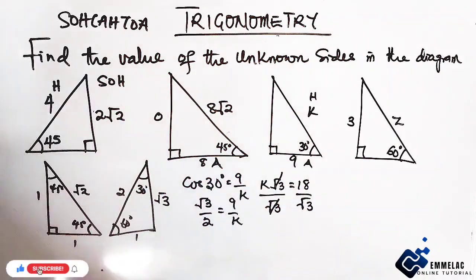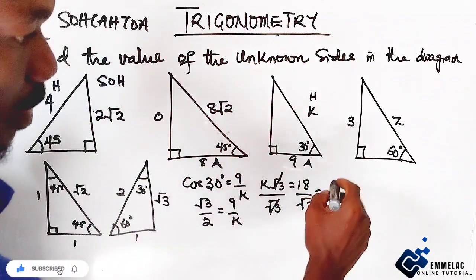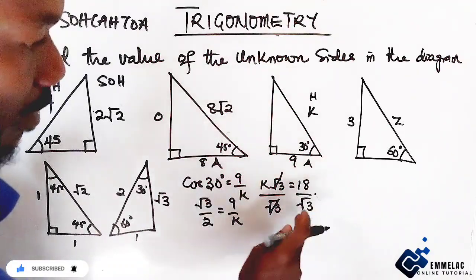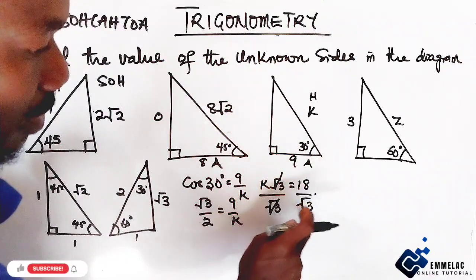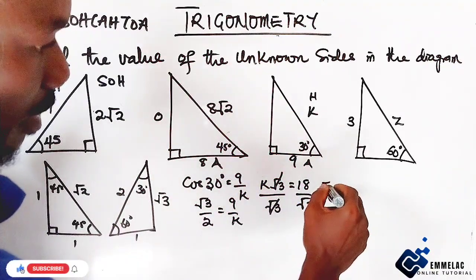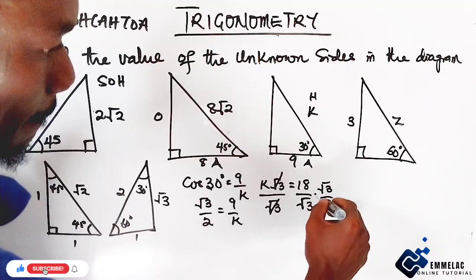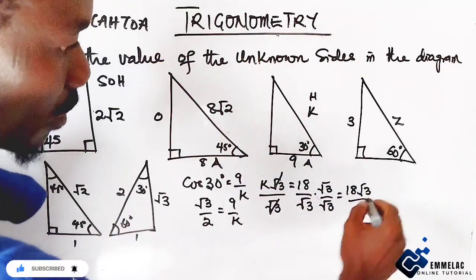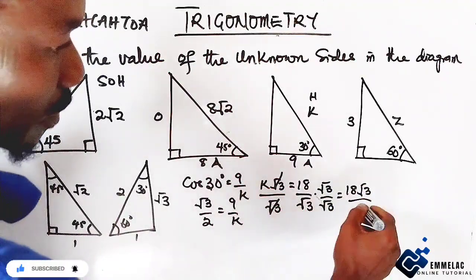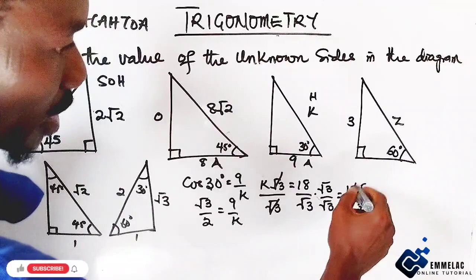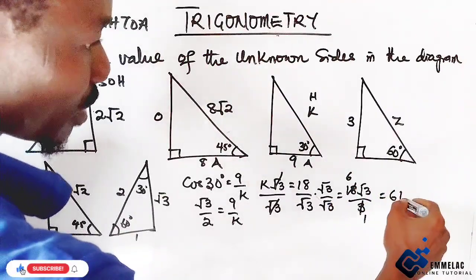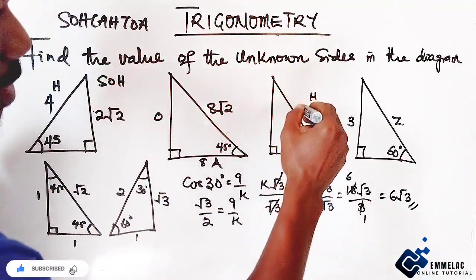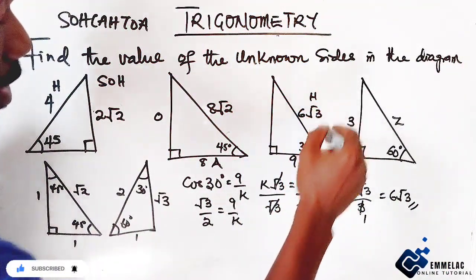This will eliminate this, and by rationalization, which means multiplying both the numerator and the denominator by the denominator, we have 18 root 3 over root 3 times root 3, which gives us 3. When we cancel out, we have 6 root 3.